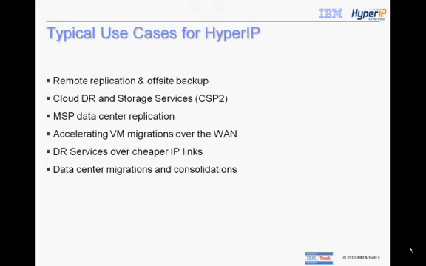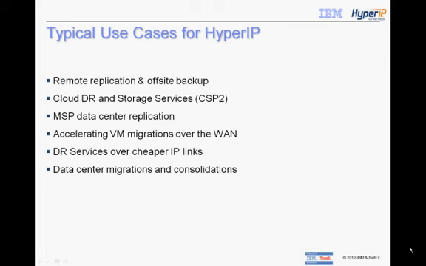If you're looking to do data center replication, or if you're an MSP that wants to replicate data between yourself and your customers, HyperIP has that capability. If you're looking to do virtual machine migrations inside of Hyper-V or inside of VMware with vMotion, HyperIP can improve the movement of virtual machine migrations dramatically, upwards of 6x, over any size WAN, over any distance, and over any packet loss that you might have.